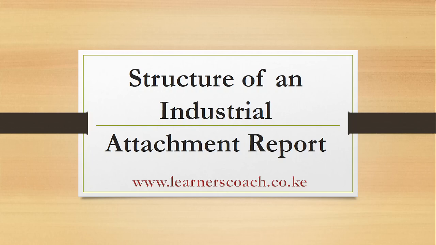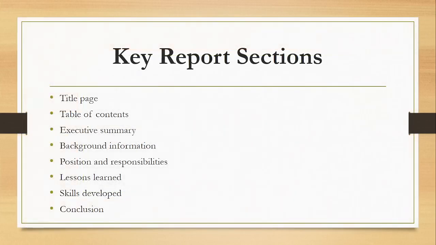What are the key sections of an industrial attachment report that you should put into consideration? Normally, when you are doing your attachment, you will be expected to write a report, and this report should include these key sections. It should include the title page, which we normally refer to as the cover page. You should also generate a table of contents.